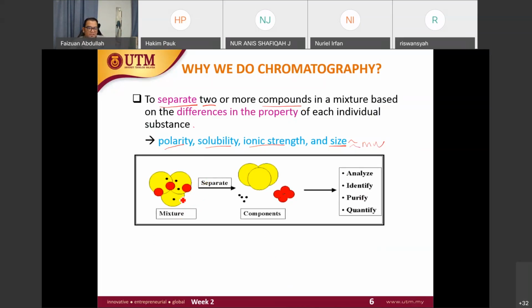Here we have large compounds in yellow, medium-sized compounds in red, and very small compounds in black. We need to separate all of these and identify what is this, what is this, and what is this.